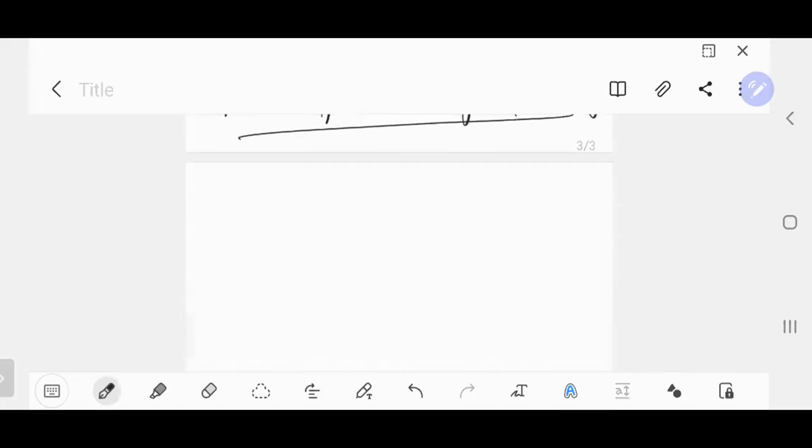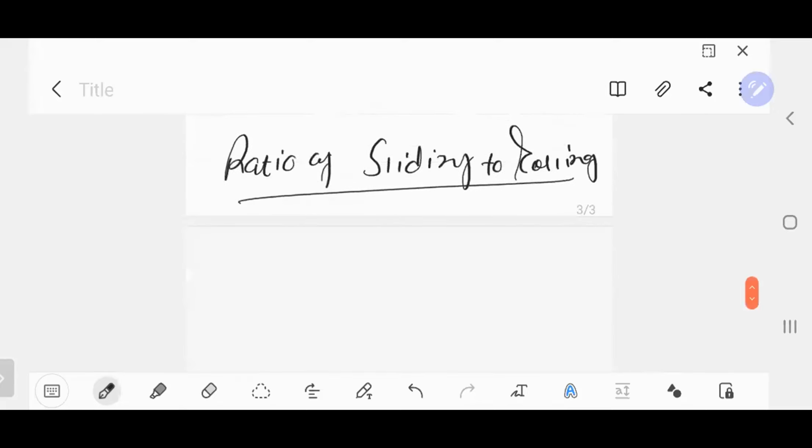Ratio means what? Sliding divided by rolling, right? That is the ratio. Or we can say rolling divided by sliding, that is also a ratio. So we should have the sliding velocity and rolling velocity.